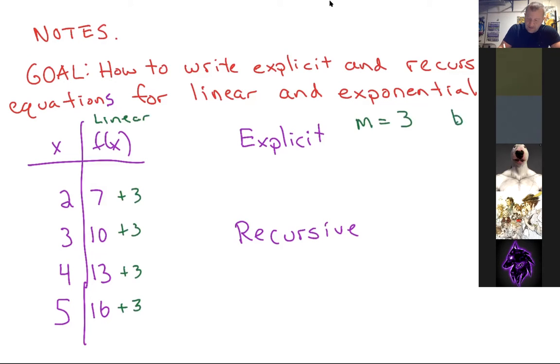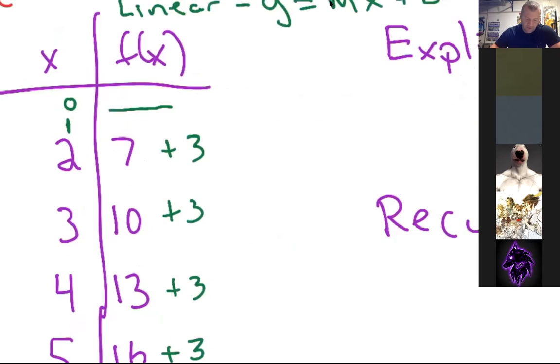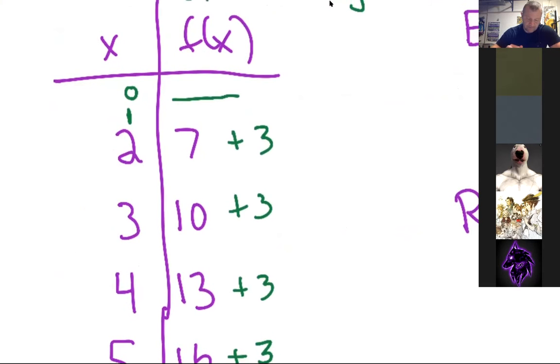Now we need b. B is the y-intercept. What's the y-intercept? It's what's across from 0 in the table. Oh, but there is no 0 in the table. No worries, we work backwards. If I worked backwards, what number would go across from 0?